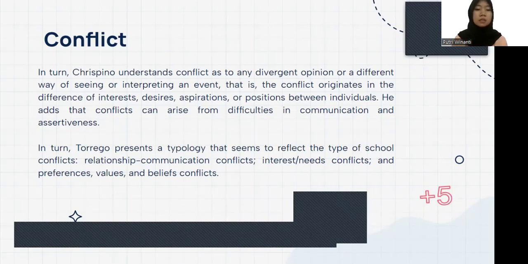In turn, Drager presents a typology that seems to reflect the types of school conflicts: relationship communication conflicts, interest or needs conflicts, and preference, values, and beliefs conflicts. Then it's important to say that the constructive conflict paradigm indicates that conflict has positive and negative aspects, advantages and disadvantages.